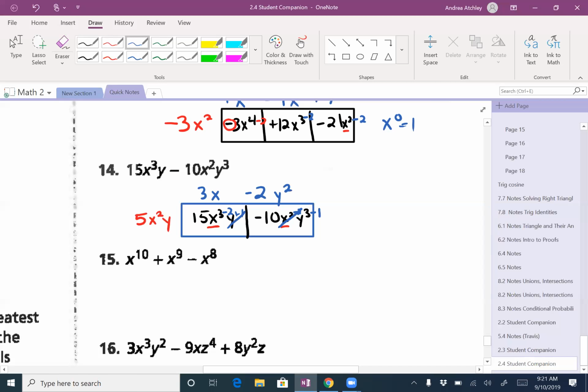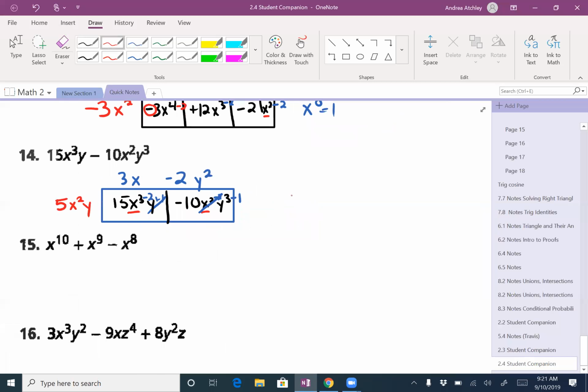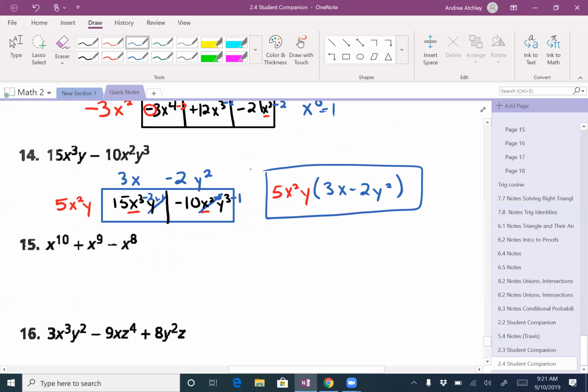So my factors, 5x squared y times 3x minus 2y squared. Any questions over that? So that's my answer.